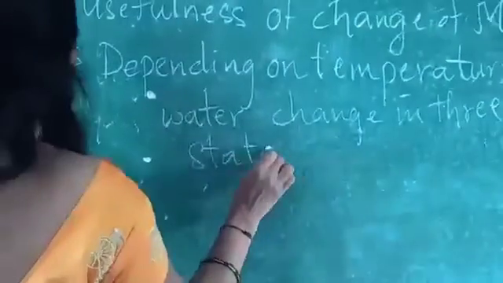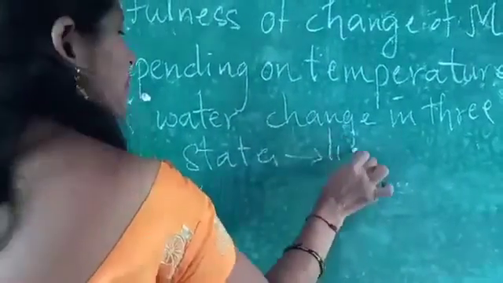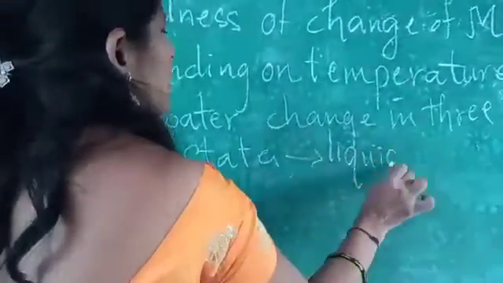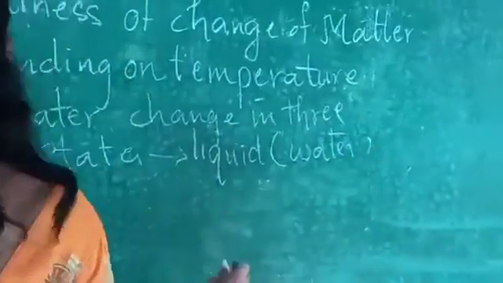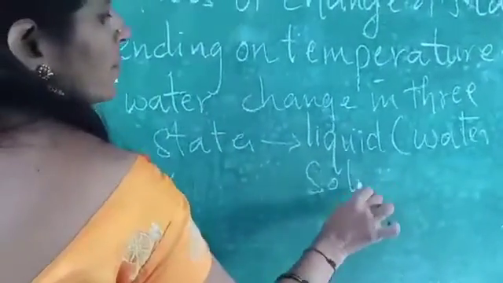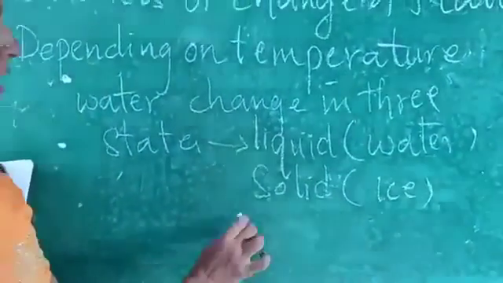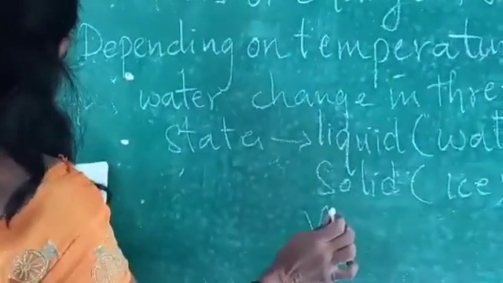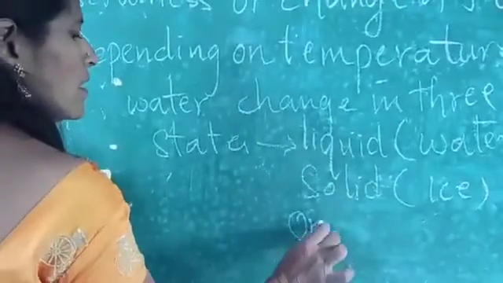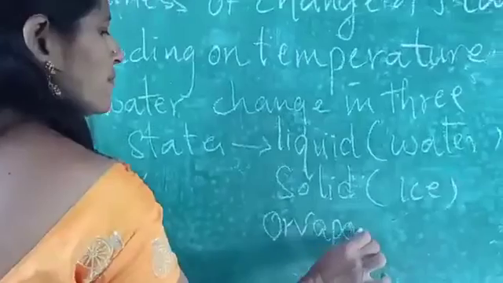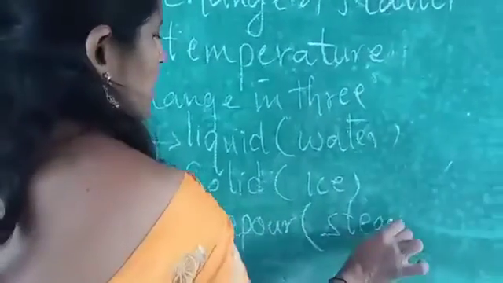What are the three states? They are liquid, I am writing water in brackets. Next solid, solid is ice, and vapor or steam, which means it can change into gas.